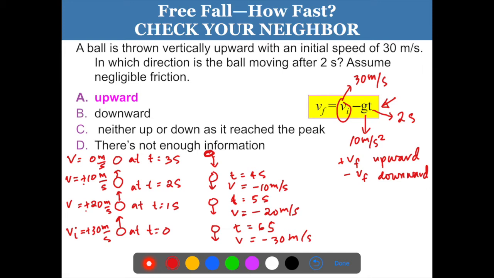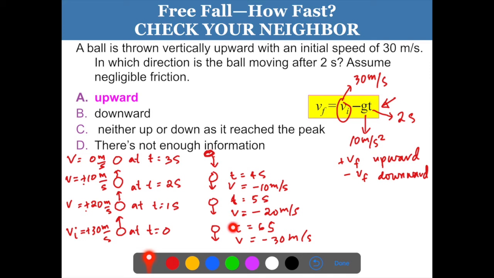So you can sort of see the pattern here that because acceleration under free fall is constant and it's 10 meters per second squared, the speed changes by 10 meters per second every second. If the object is going up, then the speed decreases by 10 meters per second every second.